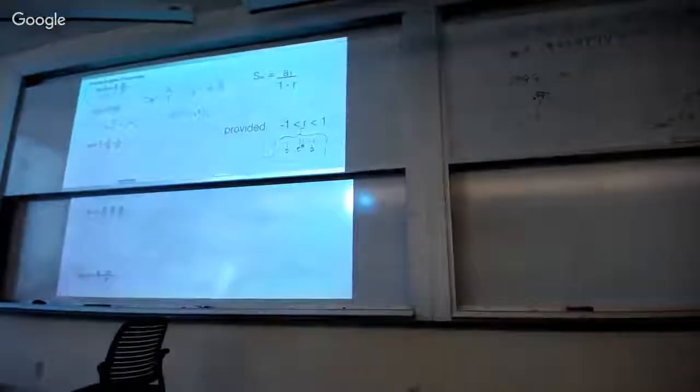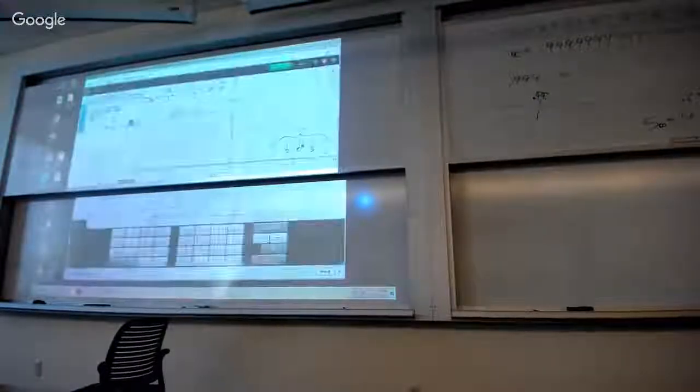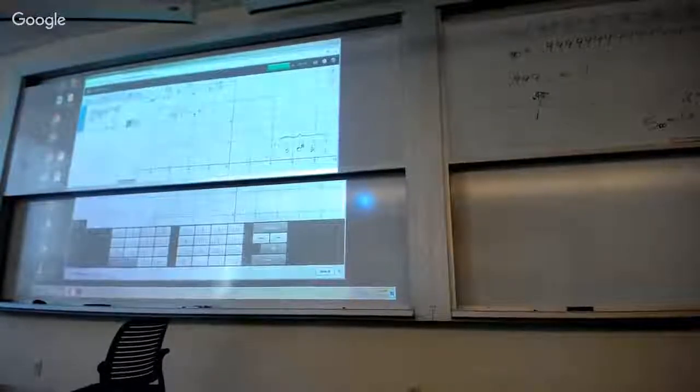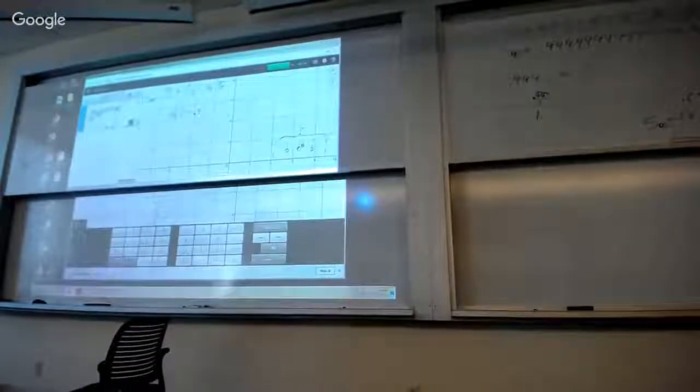So does that work? I'd like to show it to you on Desmos again. Here on Desmos, I'm going to add up the first few terms of a sequence where each term is 10 times 0.4 to the power of n.